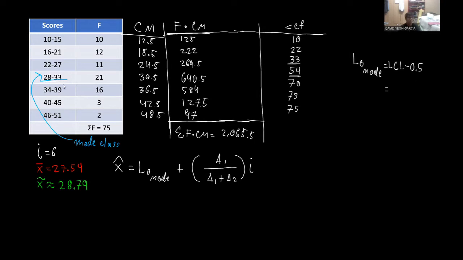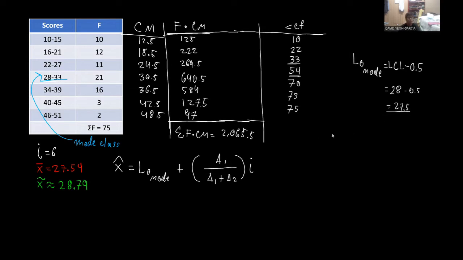The lower class limit of the mode class is 28, minus 0.5, that will give you 27.5. That's it. So the lower boundary of the mode class is 27.5.